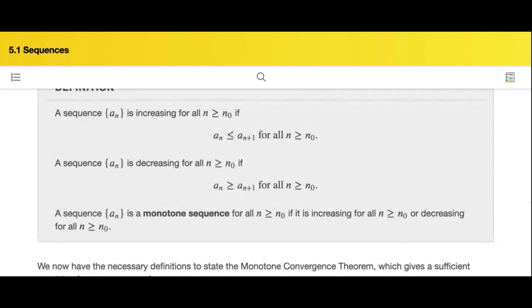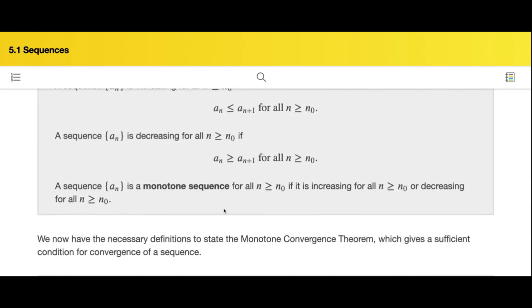It's decreasing if the current one is bigger than the following one, right? Of course, it decreases. A monotone sequence: a sequence is a monotone sequence if it's increasing for all or decreasing for all, for all n greater than some point, from a certain term.